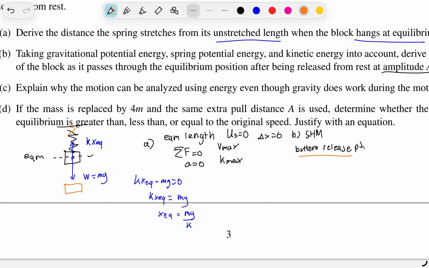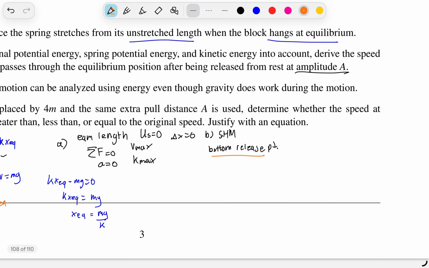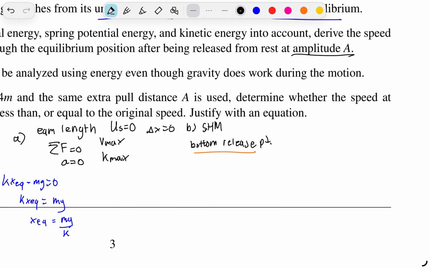So it was like this, for example. Pulled it down here, and this was an amplitude A displacement. So you stretched it all the way to its max, x max. X max is squared, so it ends up not mattering whether it's up or down.